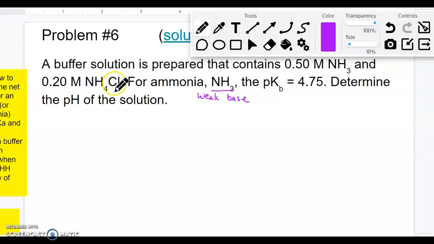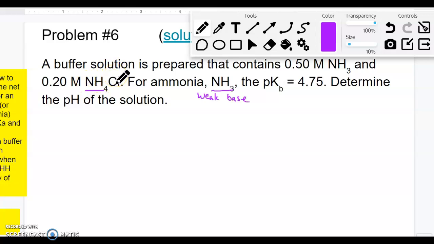They also give us this NH4Cl, and when I look at that, this NH4 kind of looks like NH3. This part is actually its conjugate. And what makes the Cl part a little tricky is that NH4 is part of the solubility rules, but Cl isn't.